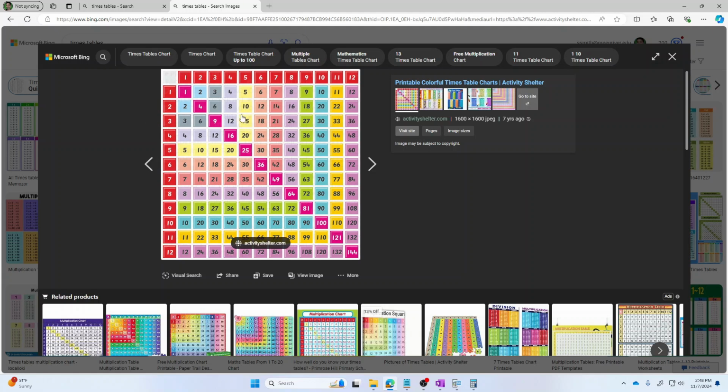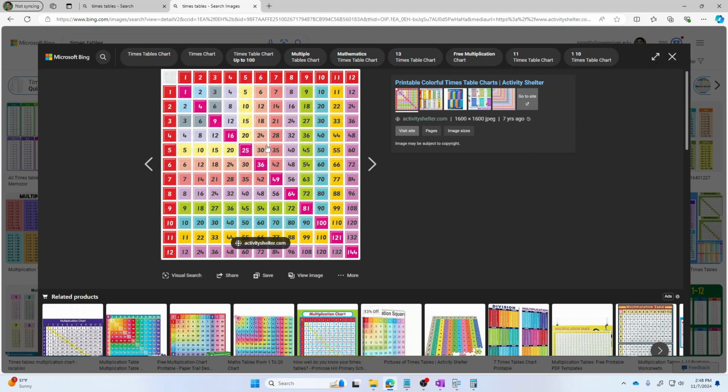I think the smallest multiple of both 3 and 5 in this case is 15. 15 is a multiple of 3, and 15 is also a multiple of 5, and it's the smallest multiple that works for both numbers.